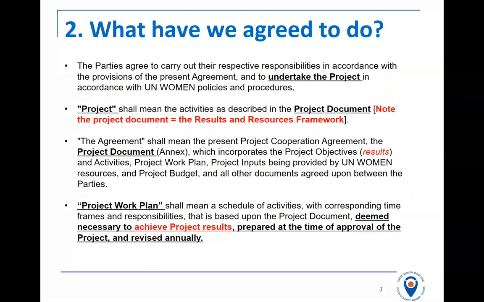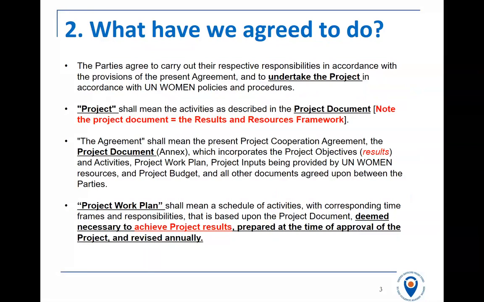And attached to that, we have annual work plans, the project work plan. These are the steps you have set out, including the budget, that are necessary to achieve the project results. So you have signed up to achieving results as per the results and resources framework. But we want you to feel confident that as per normal project management rules and procedures, this is flexible.